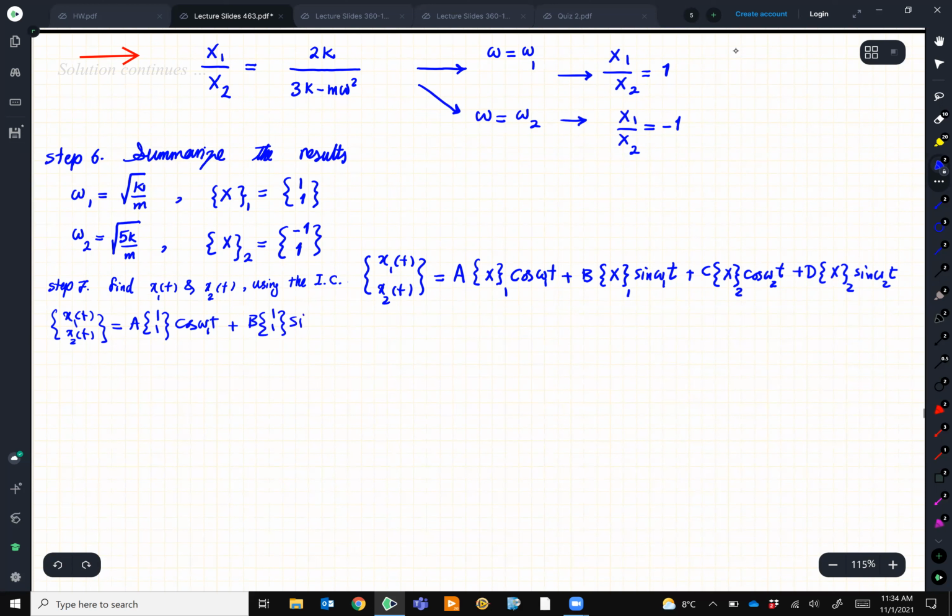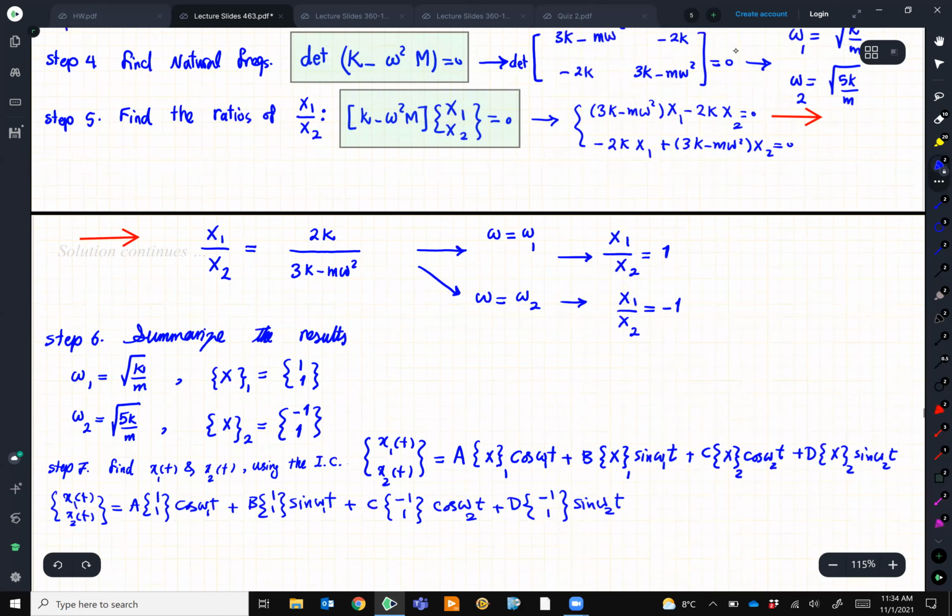Plus c times [1, minus 1] cosine omega 2t plus d times [1, minus 1] sine omega 2t. Right? And we have omega 1 and omega 2. So this is the equation that we need to solve. We have 4 unknowns. We have 4 initial conditions. Let's put the initial conditions that we have.